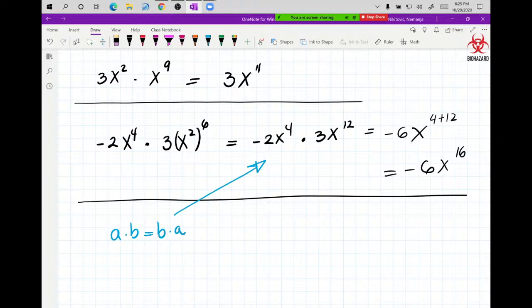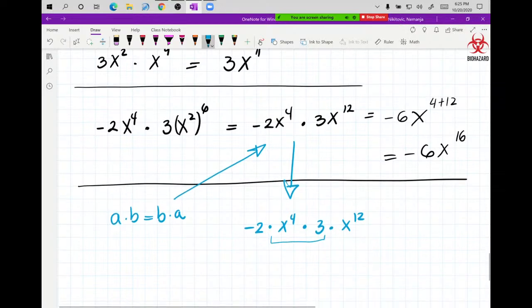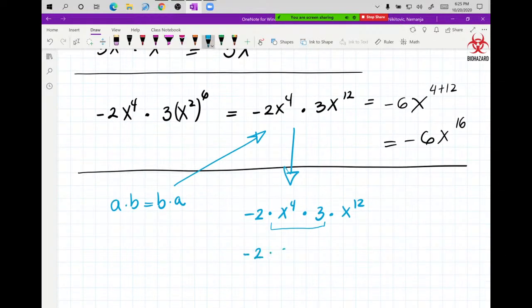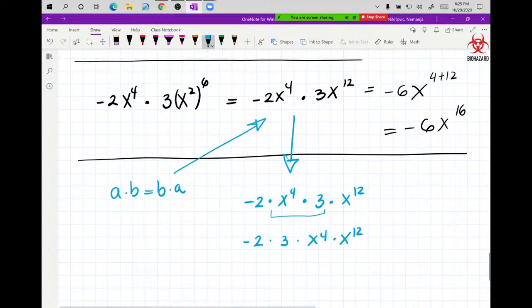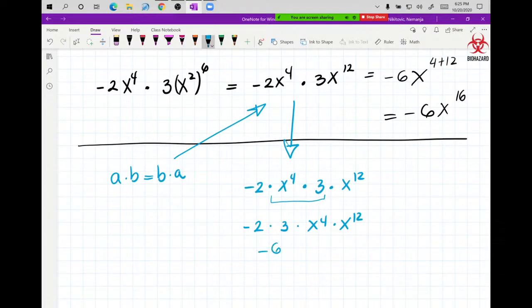Well, you see that this technically is negative 2 times x to the 4 times 3 times x to the 12. And I'm going to apply commutative rule to swap these two. So it becomes negative 2 times 3 times x to the 4 times x to the 12. So commutative rule is the one that allowed me to change the order of those two. And now here's my negative 6, here's my x to the 16, and then that gives me the answer we had.